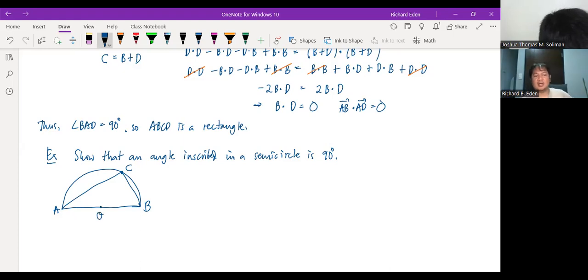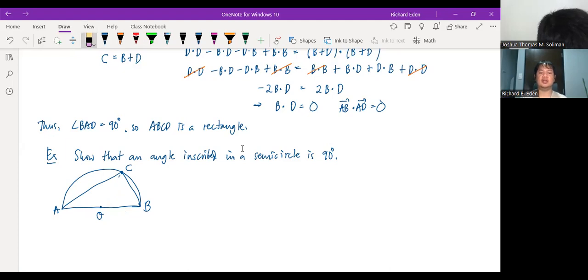Here, a natural choice of origin would be the midpoint of the diameter. It would not be natural to make A the origin. I think this is more natural, also because we have to exploit the fact that we are in a semicircle. In particular, that means OA, OB, and also OC all have the same length, the radius. That's precisely what characterizes the fact that we are working in a semicircle.